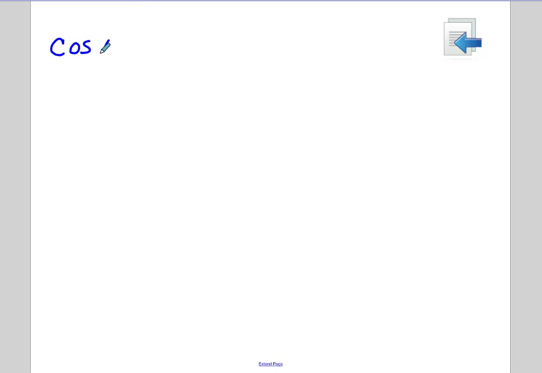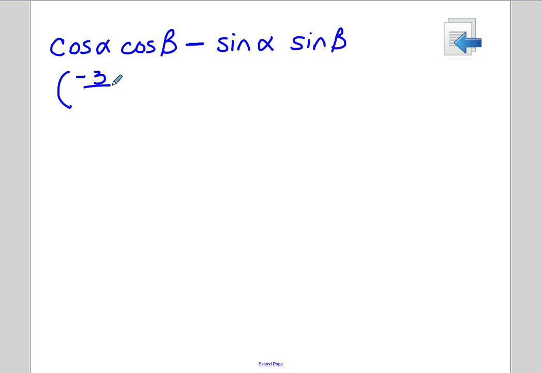So cosine of alpha plus beta is going to be cosine, cosine, sine, sine. So cosine, cosine, sine, sine. It was alpha plus beta, and it was a sum, so expanded, we're going to subtract. And we said cosine of alpha was found from drawing the triangles. That was negative 3/5. Cosine of beta was radical 3 over 2.